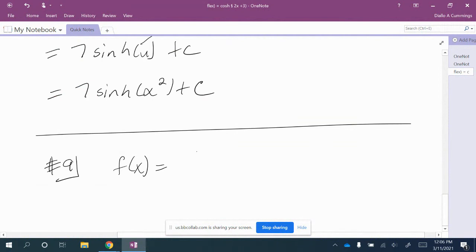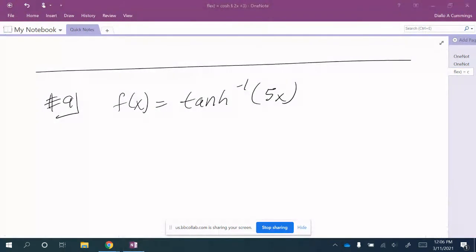F of x equal to the inverse of the hyperbolic tangent of 5x. And we're asked to find the derivative.